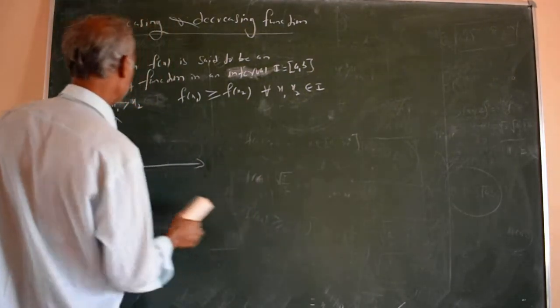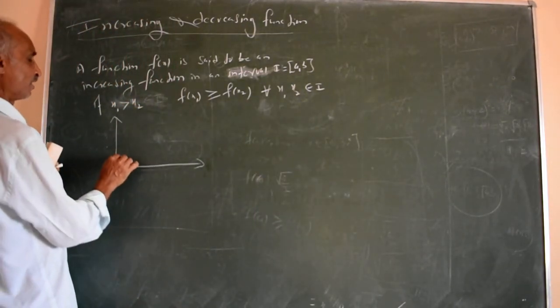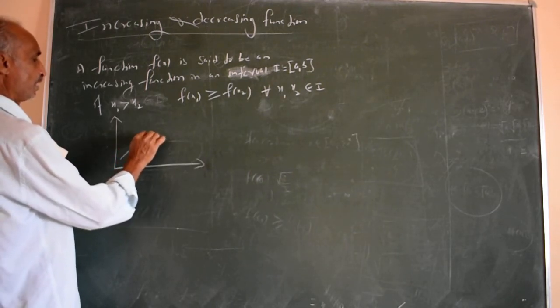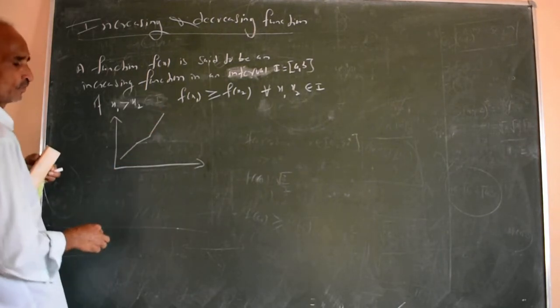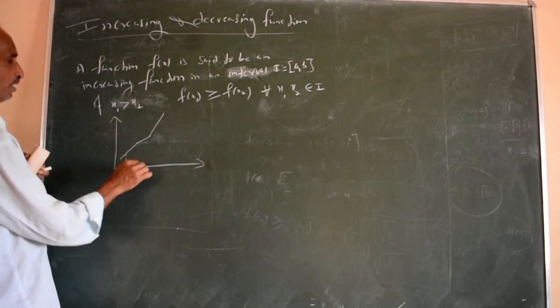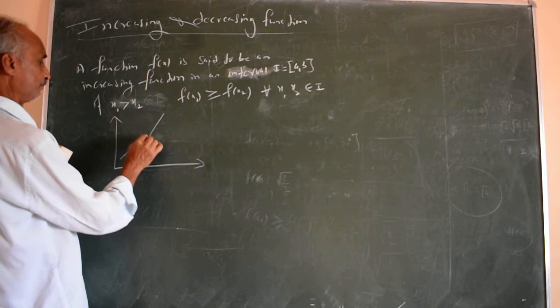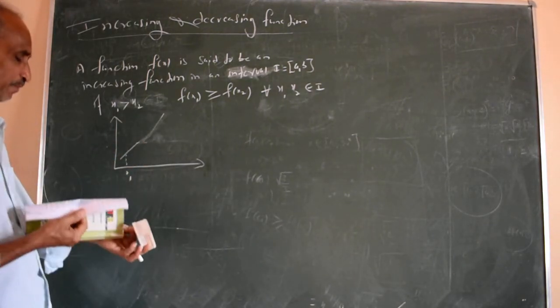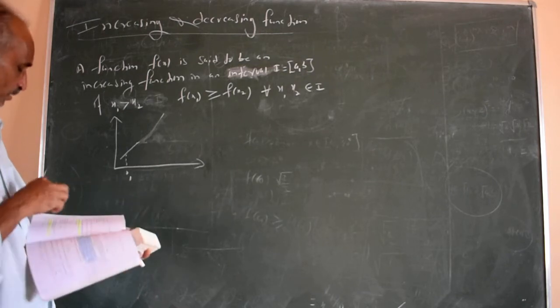So the graph of an increasing function will be like this. It may be flat somewhere. Here is x1 and here is x2. The graph may even be flattened out at some particular point.